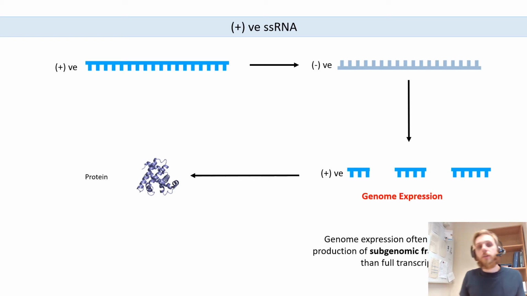Then you need viral genome copies to be produced, and these viral genome copies can be packaged into the new virus particles. So hopefully it makes sense why many viruses start off expressing their genome, and then there is a shift where they start replicating their genome. So it goes genome expression, then a shift to genome replication.